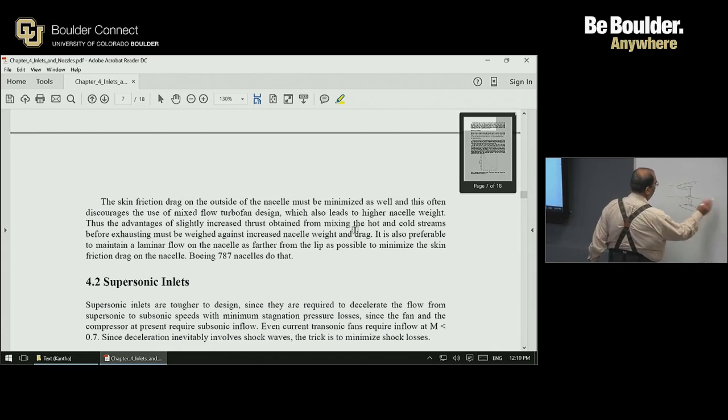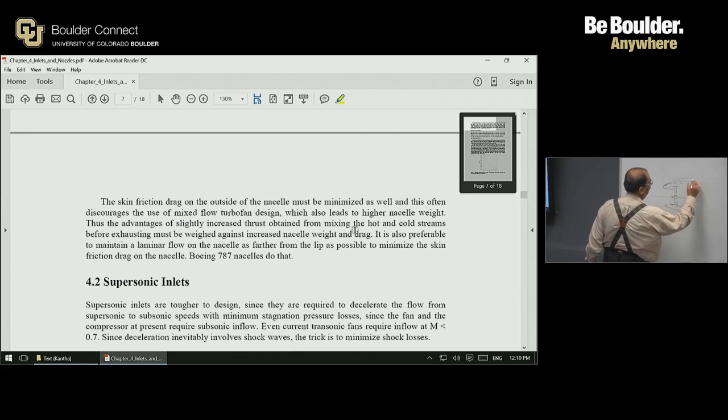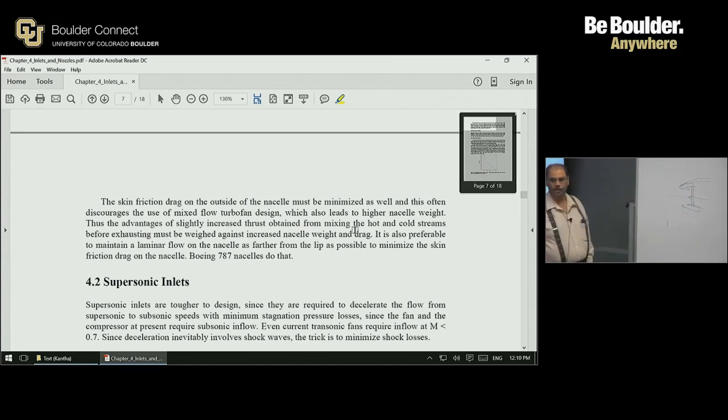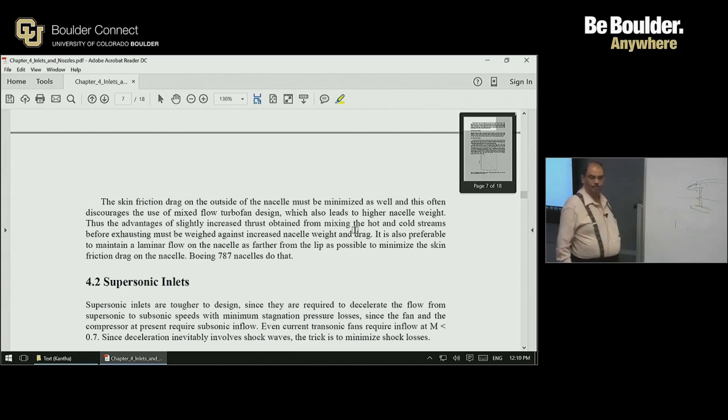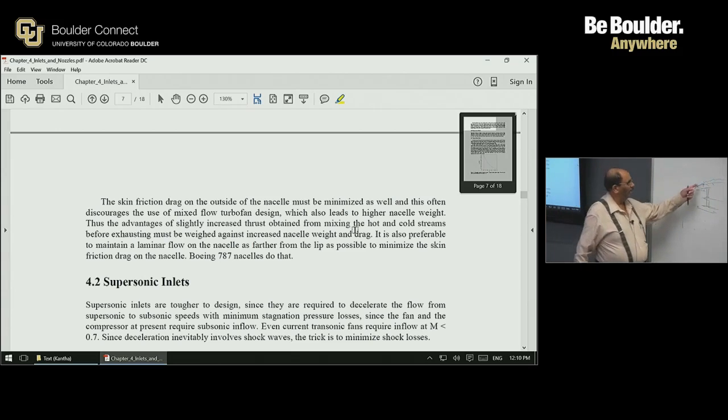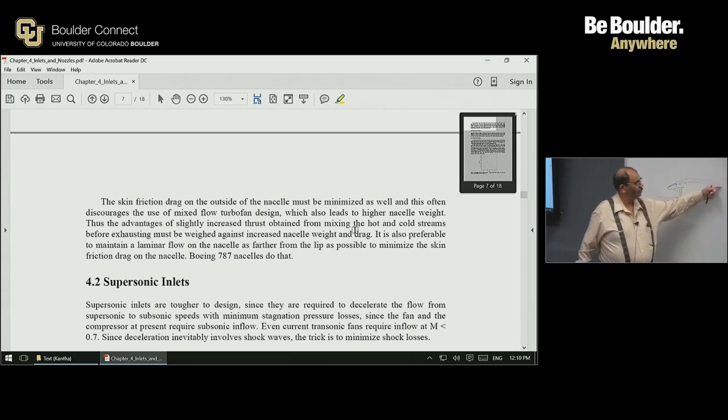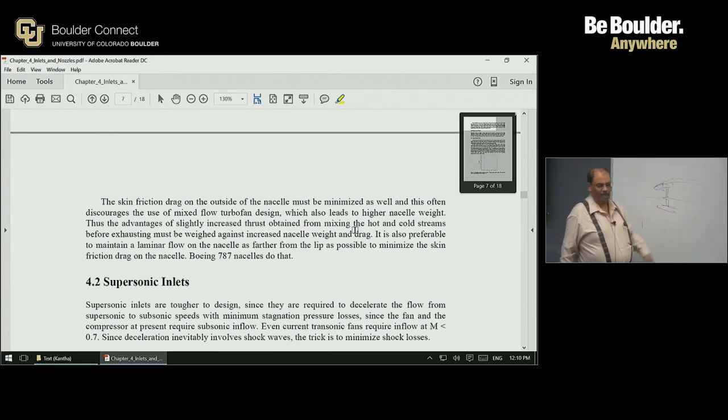So let's say this is the conventional design. The boundary layer develops here, and initially it is laminar, and then it becomes turbulent. Okay, so this is the transition point. Now, the skin friction, if the boundary layer is turbulent, is higher than if it stays laminar.